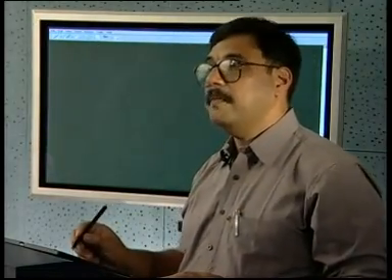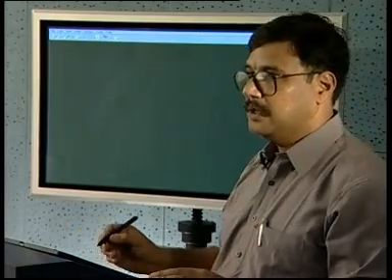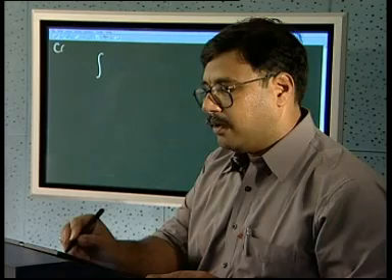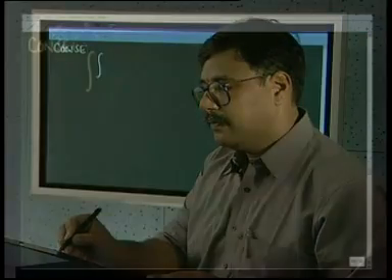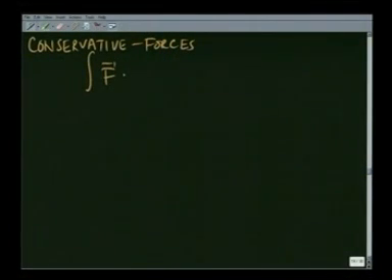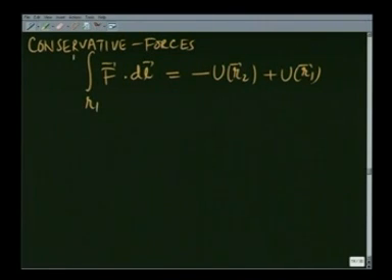So, let us see, if I apply the work energy theorem to this case, what happens? Again, I am talking about conservative forces, then integral F dot dl I have defined as minus u r2 plus u r1 when I am going from point 1 to point 2.